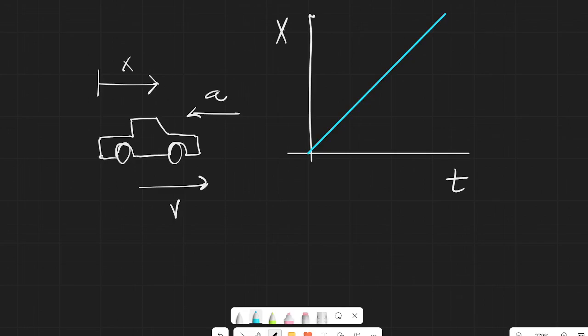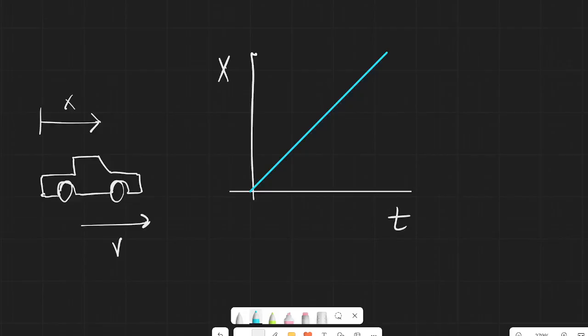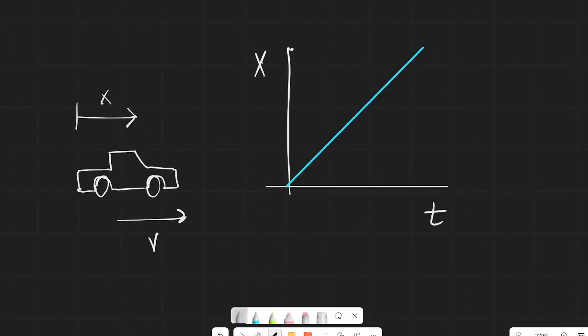However, with a equals 0 and a constant velocity, you notice that your position is changing at the same rate. In other words, the slope of this line does not change from the time that you started measuring to the final time of your study.